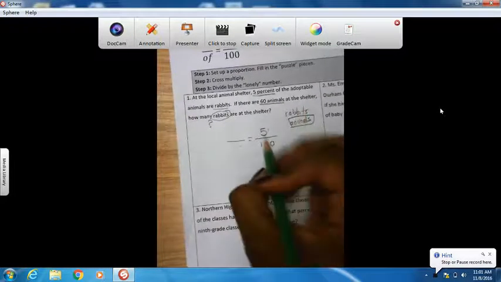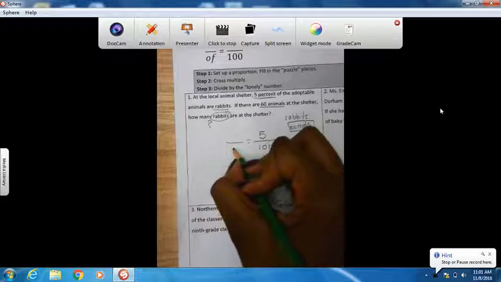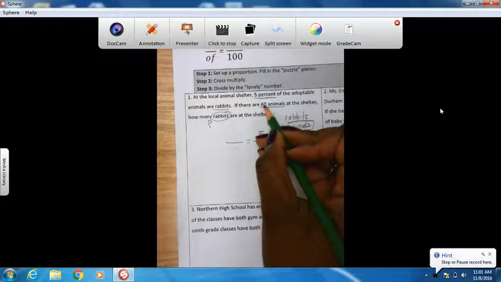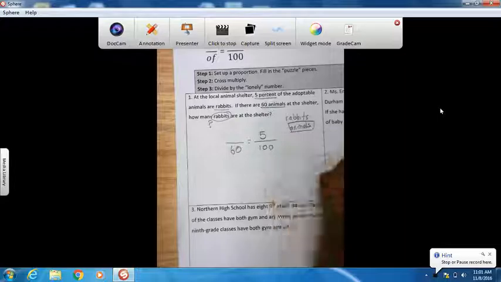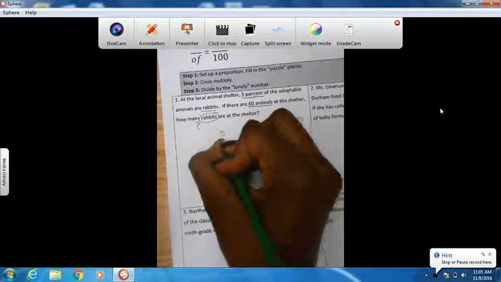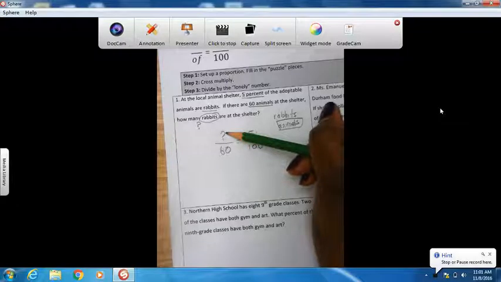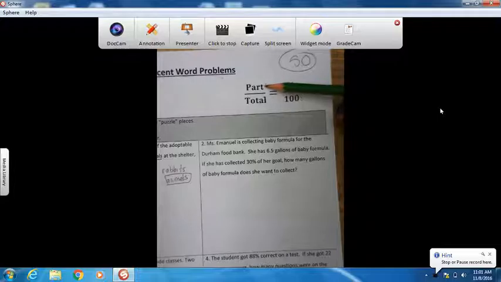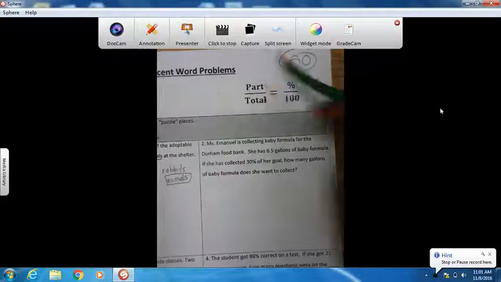So down here, I'm going to write down a number that they give us for animals, which was 60. And we're trying to figure out how many rabbits that is. Rabbits are a part of the total.